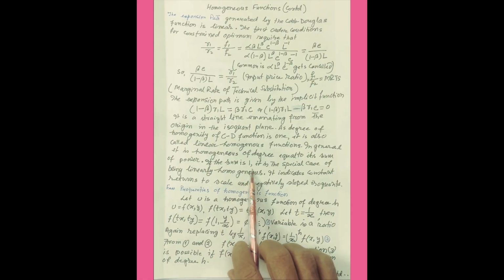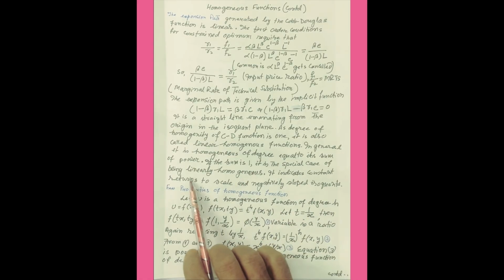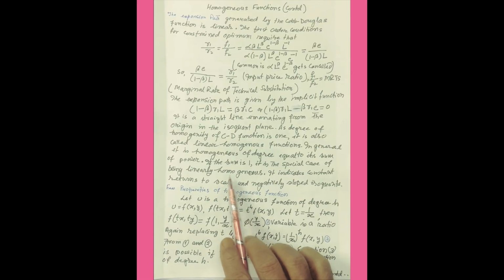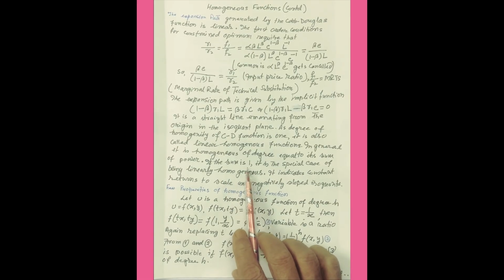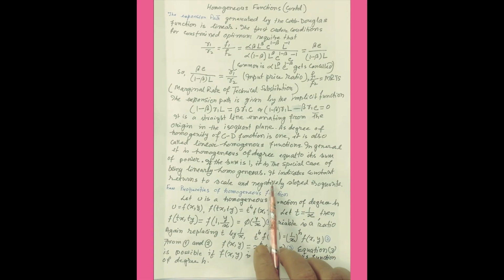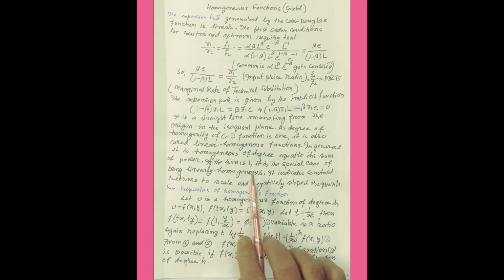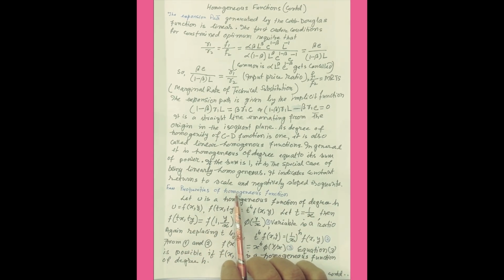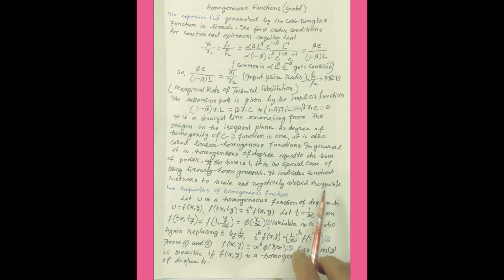If the sum is 1, it is the special case of being linearly homogeneous. So it is said that it is linearly homogeneous if the sum is 1. And sum 1 also indicates the constant returns to scale and negatively sloped isoquants.